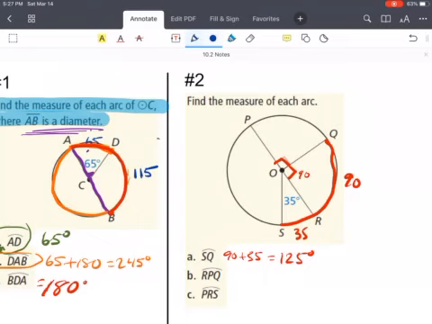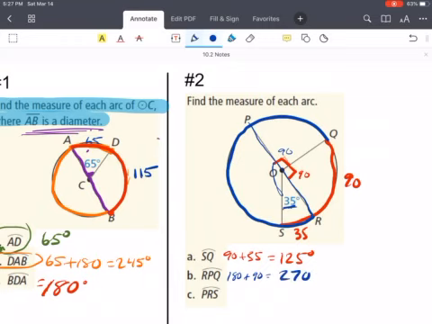When I do RPQ, I'm going to start at R, hit P, and then go to Q. I have a 35 plus this side, which is really just cutting off the diameter, so I'm going to have 180 plus my 90. It's going to be 270 degrees.